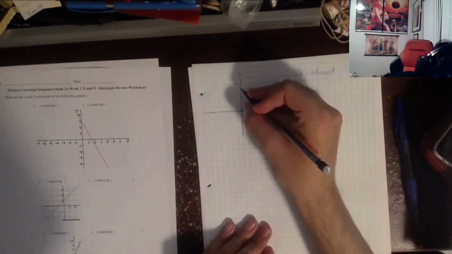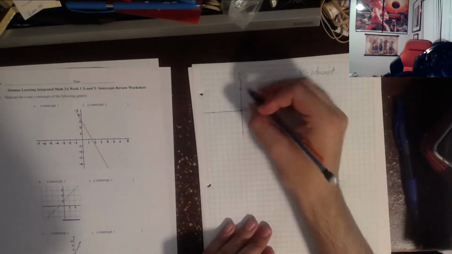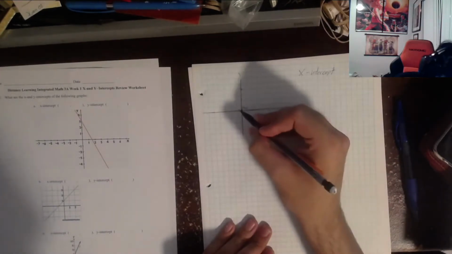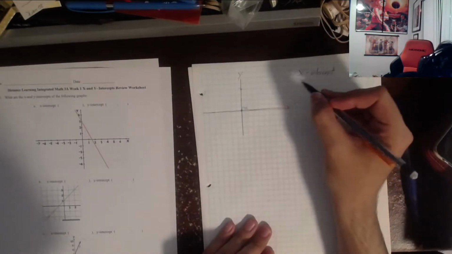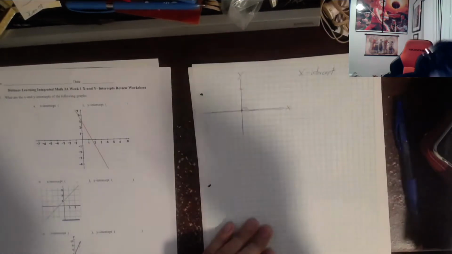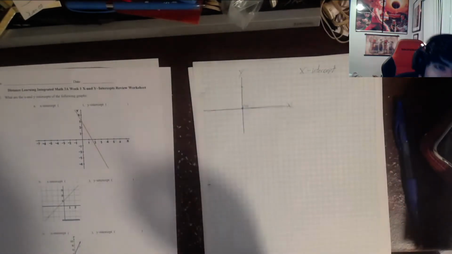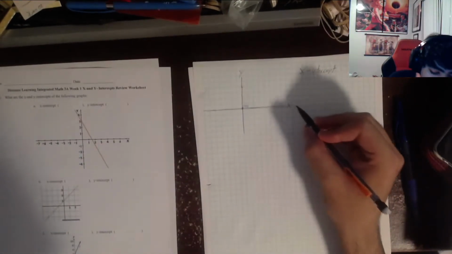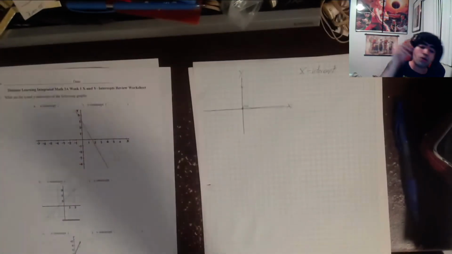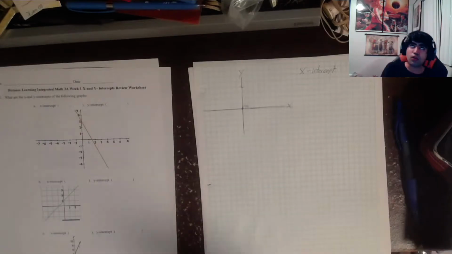Now, what is the x value at the y-axis? It's 0. So how you define a y-intercept is when x is equal to 0. And for the x-intercept, it means when you set y equal to 0. Yeah, that's pretty much it.